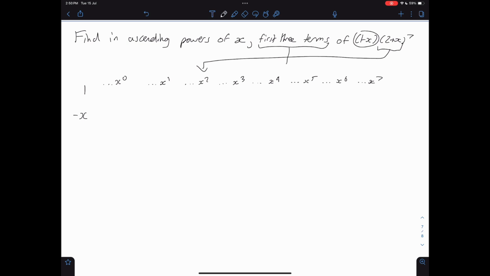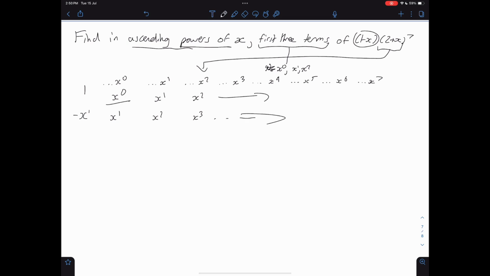Because we're only looking for the first 3 terms, so your x to the power of 0 term, your x to the power of 1 term, and your x squared term, because it's ascending, you only need the ones that end up as x to the power of 0, 1, 2. If you do some vague multiplication, you'll see that only 5 of the 14 terms that you're going to end up with actually need to be calculated.